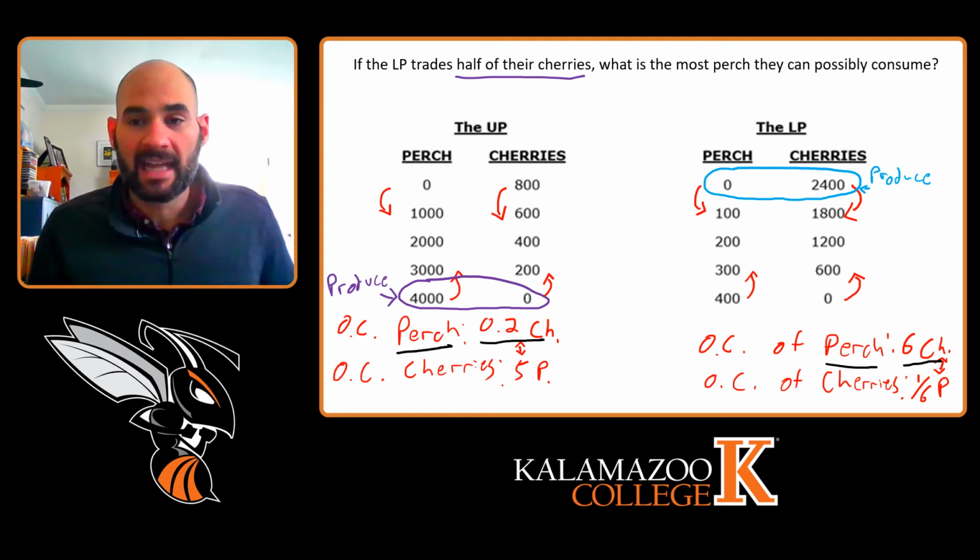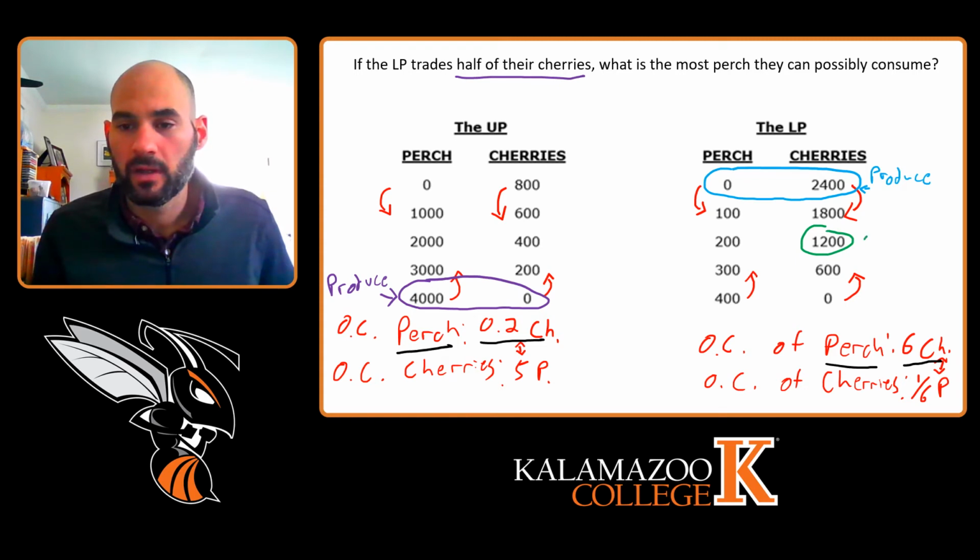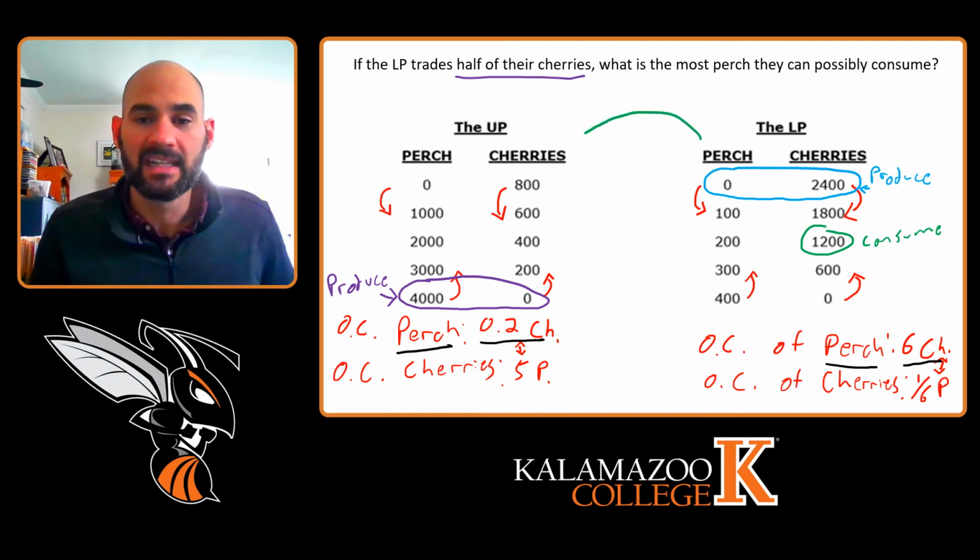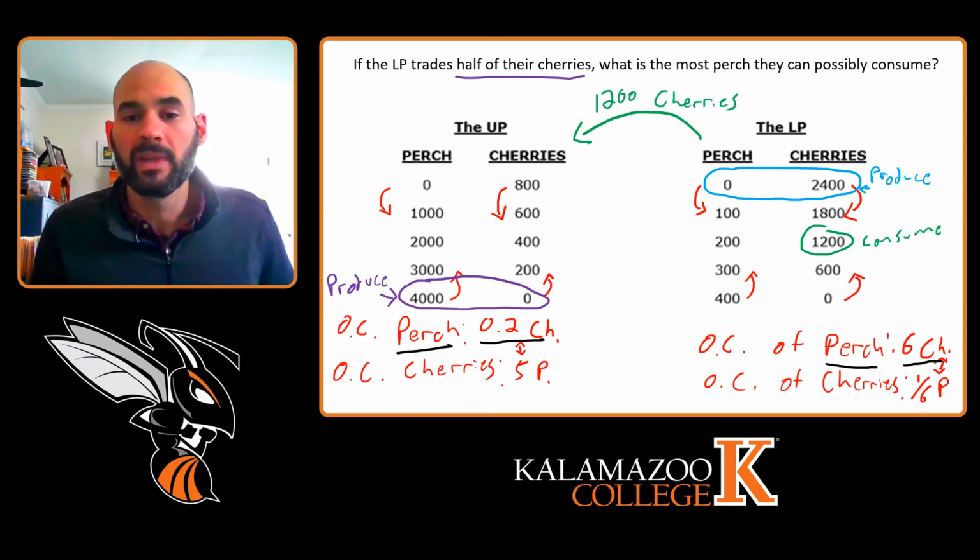Now we're saying that the LP is going to consume half of their cherries, that they're going to trade half of them. So it means they're going to consume 1,200, and they're going to send the other 1,200 cherries over to the UP.